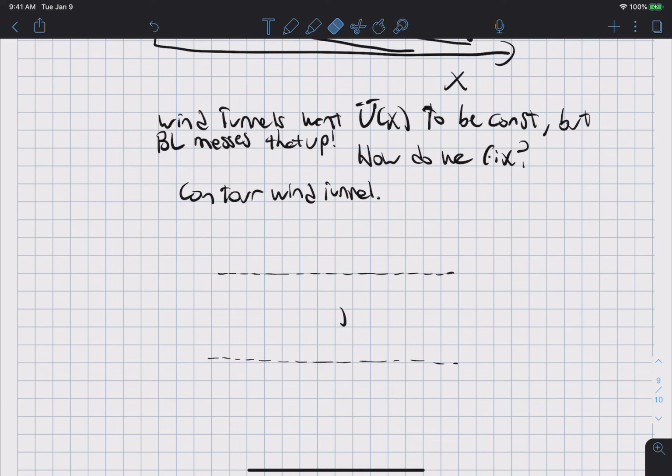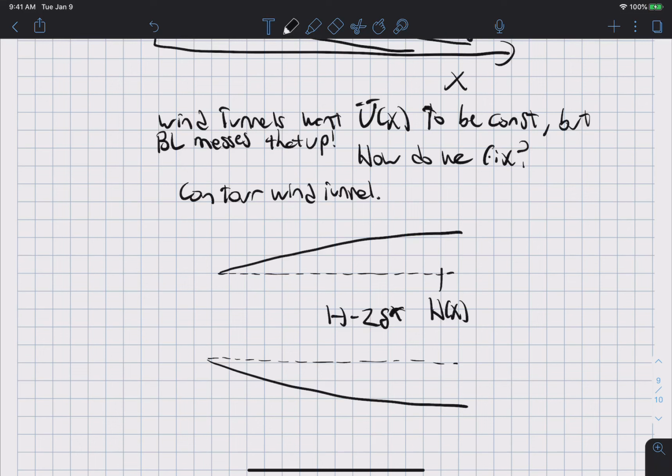So this would be h minus 2 delta star. Okay, and so essentially to achieve that, what they have to do is gradually expand the walls of the wind tunnel and make the height a function of x.